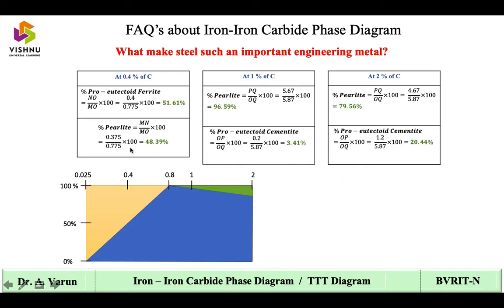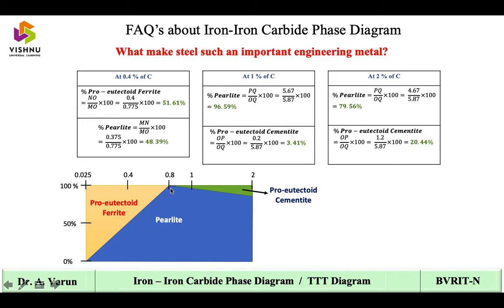So if I draw this diagram, just to generalize or round it off and put in how much percentage of proeutectoid ferrite and pearlite are formed at each of its steel zones, it is very interesting to see that at 0.4 it is close to 50 percent of proeutectoid ferrite and 50 percent of pearlite, right?